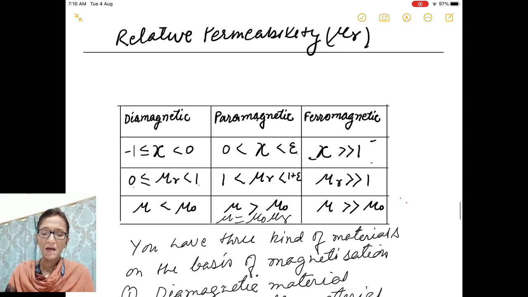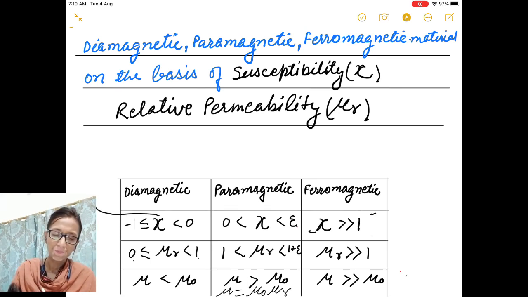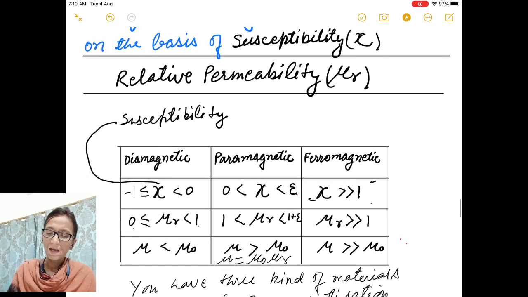So here you have the value of susceptibility. Here chi, this is your susceptibility. And this is your relative permeability.